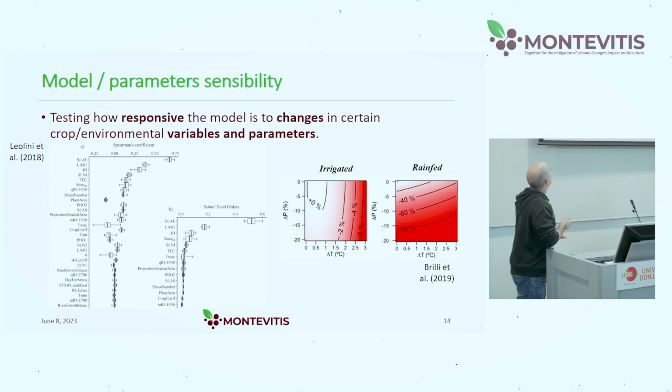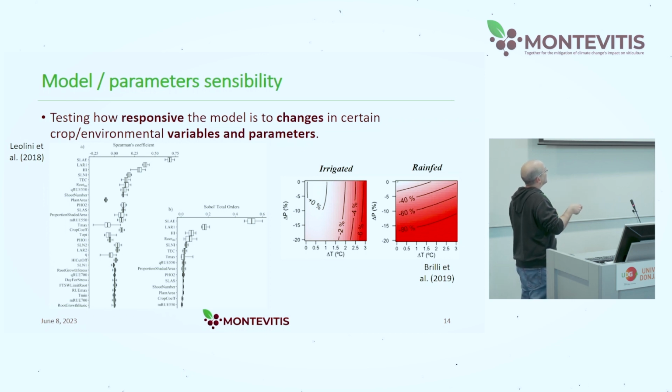For example, here we have a sensitivity analysis of the parameters done in Leolini et al. 2018, in which they looked at how sensitive the response of the model is to the parameters. In this case, they used two different procedures, a hierarchical, I think, procedure, a hypercube test and a Sobol test.